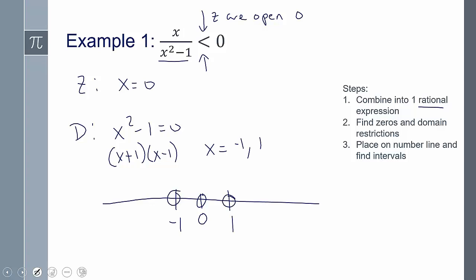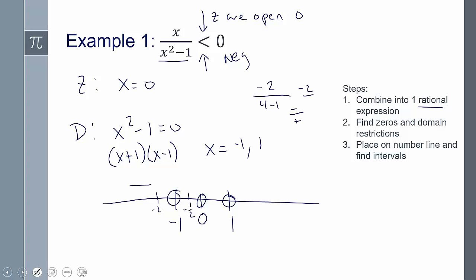And so now we go through and test true or false. Plug in -2. Is that going to be less than 0? Now remember, we could also do positive or negative with our sign chart. Numbers that are less than 0 are negative numbers. If I did -2 over 4 minus 1, that's -2 over a positive, so that's negative.